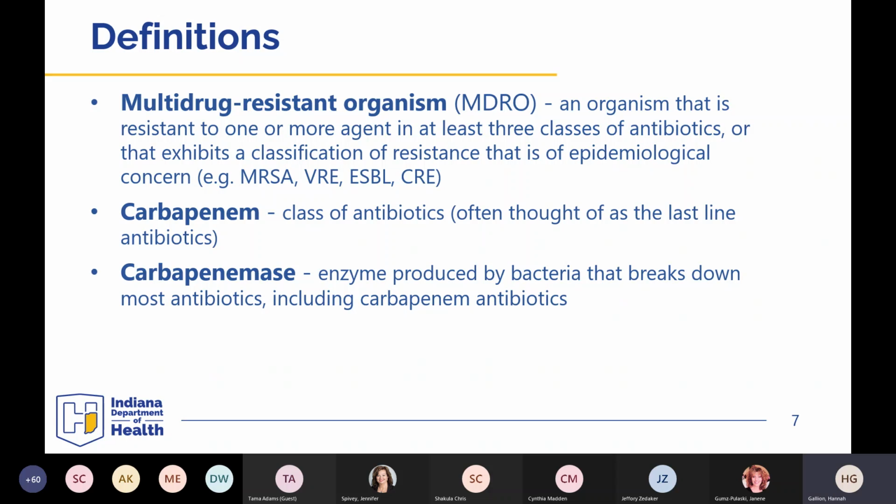I also want to talk about carbapenem and carbapenemase because this is something that we will touch on again later in the presentation. Carbapenem is a class of antibiotics often thought of as the last line of defense. Carbapenemase is an enzyme that is produced by the bacteria, and it breaks down carbapenem antibiotics. Carbapenemase is a resistance mechanism that the bacteria can use in defense against carbapenem antibiotics.